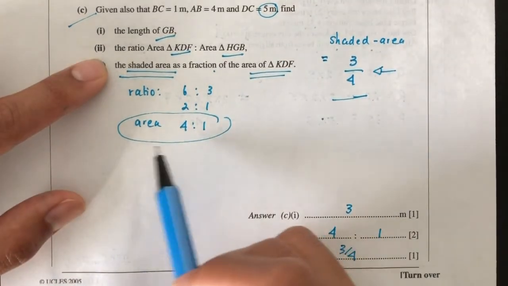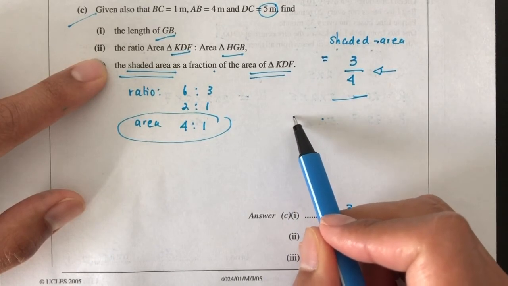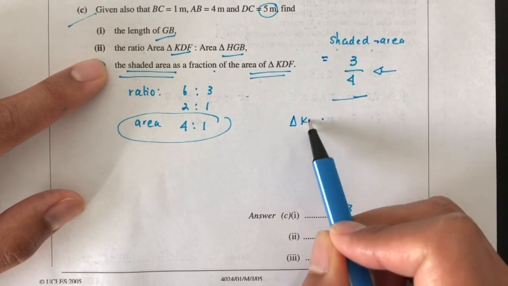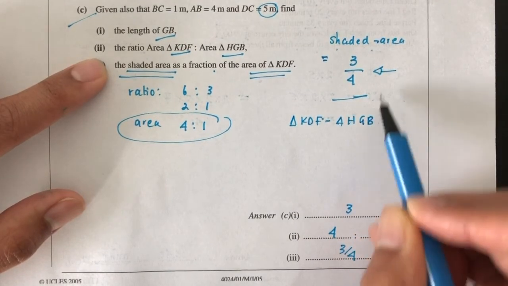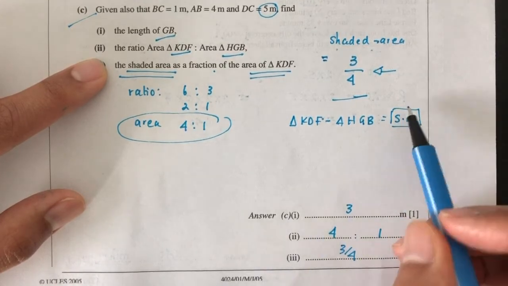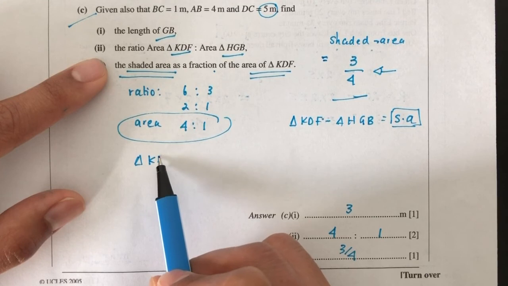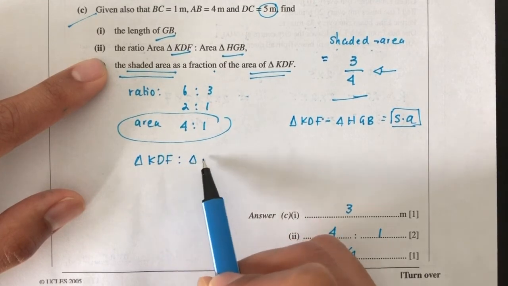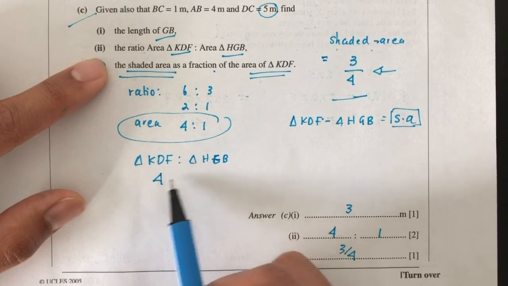So how would you find the area of the region? You take the big triangle, triangle KDF, minus triangle HGB to find this shaded area, right? Now you know the ratio of the area of triangle KDF to triangle HGB is 4 to 1.